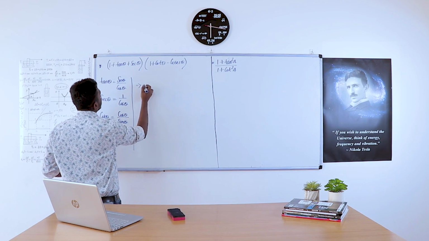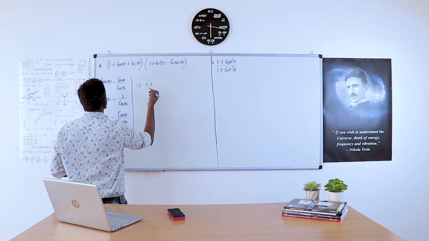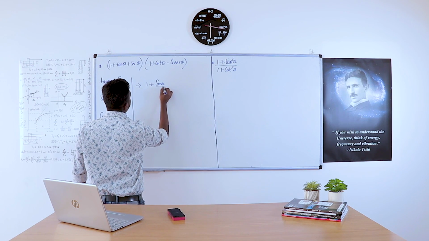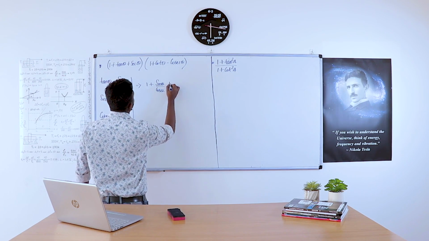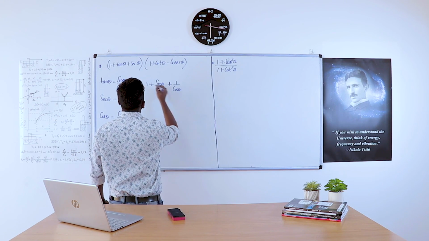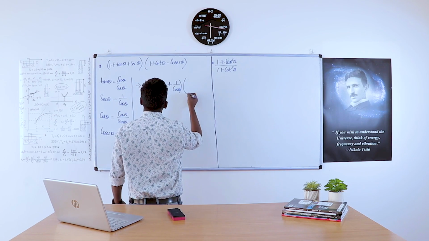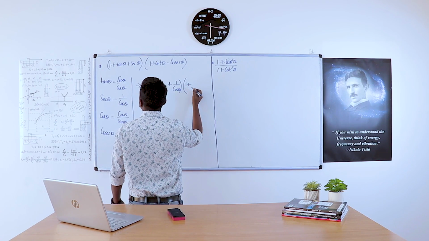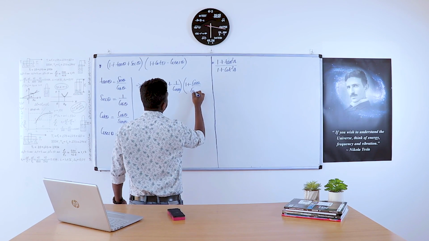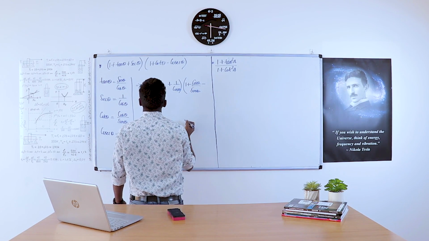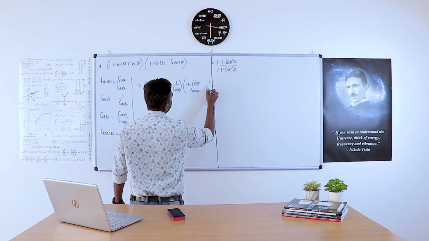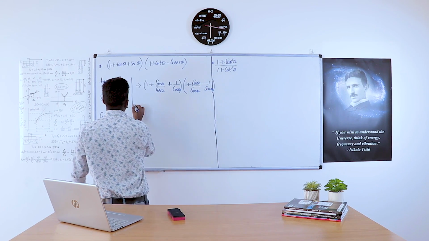Then it becomes (1 plus tan theta can be written as sin theta by cos theta plus sec theta can be written as 1 by cos theta) into (1 plus cot theta can be written as cos theta by sin theta minus cosec theta), cosec theta can be written as 1 by sin theta.